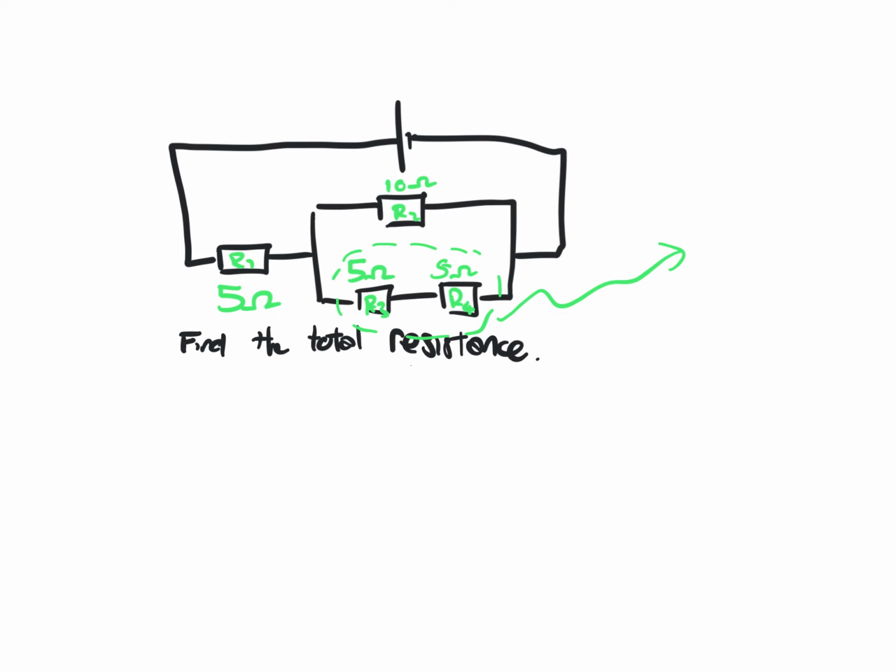So I'll say the resistors in that parallel arrangement, which are in series, RPS, will be the total resistance: 5 ohm plus 5 ohm equals 10 ohm. So I do know that this is 10 ohm, this is 10 ohm, and they are in parallel.